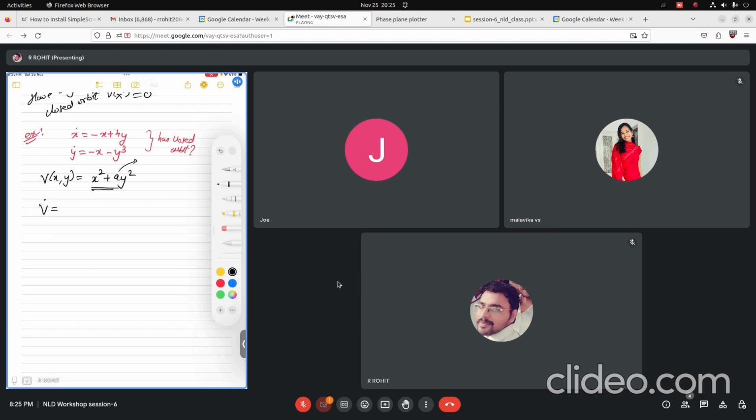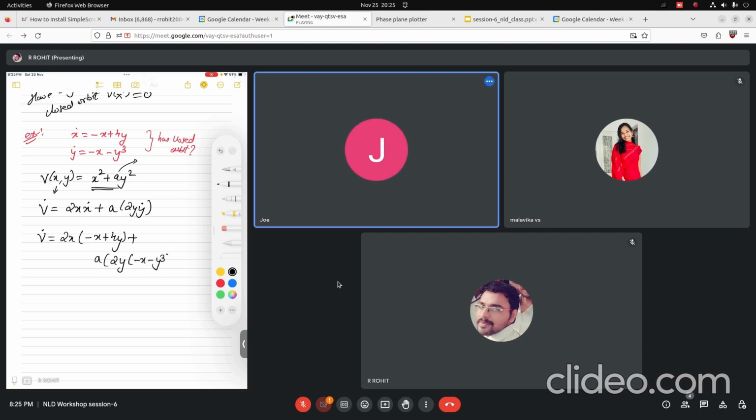If you differentiate this equation, you will get 2x x dot plus a into 2y y dot. Now since we know x dot is minus x plus 4y, and y dot is minus x minus y cube, we get 2x times minus x plus 4y plus a into 2y times minus x minus y cube.